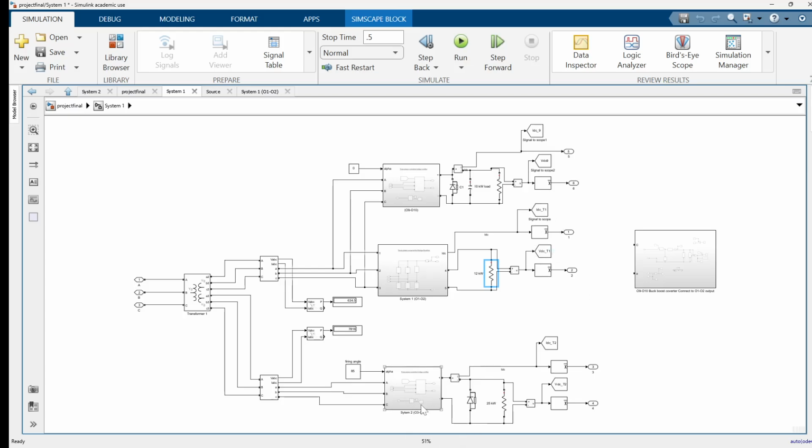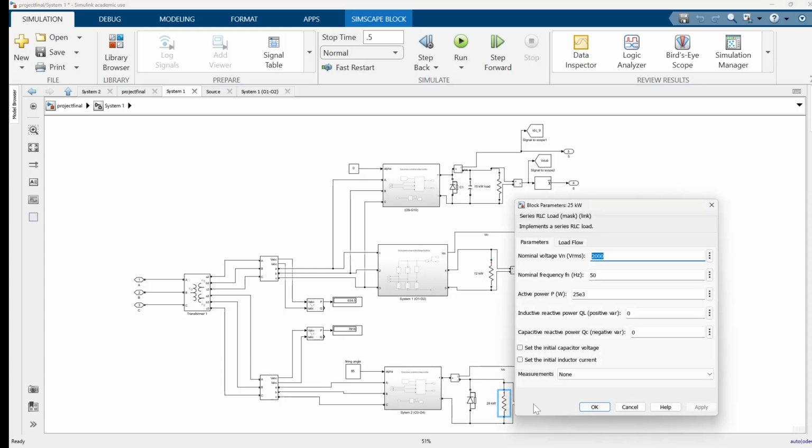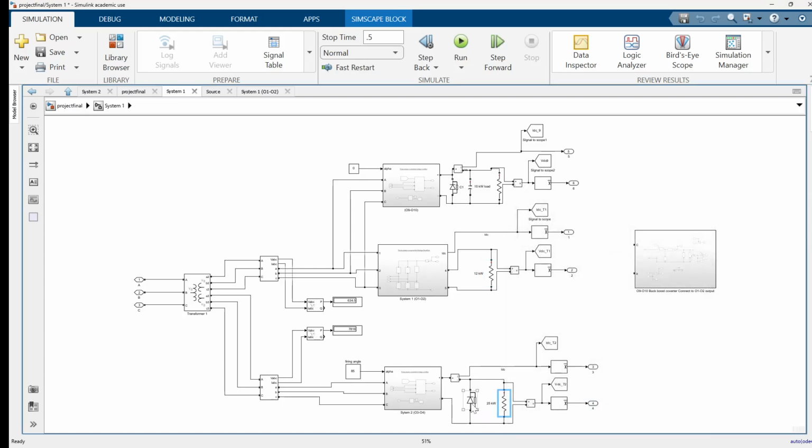Next is the system 2. In system 2, we have a load of 25 kilowatt, and this load is a variable load.